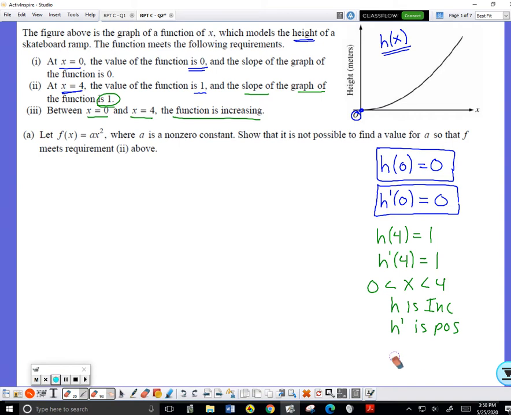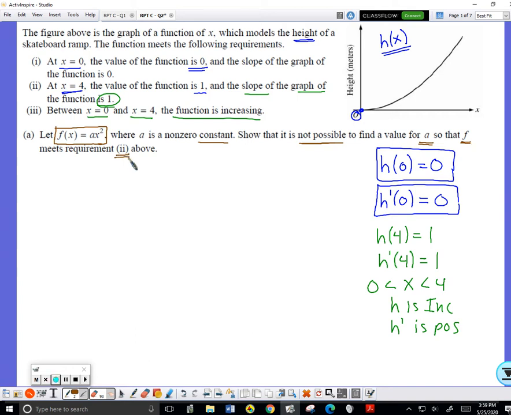Here we go, part A. F of x equals this thing. A is a non-zero constant. Show that, read slow and careful, it is not possible to find a value for A so that F meets requirement 2 above.